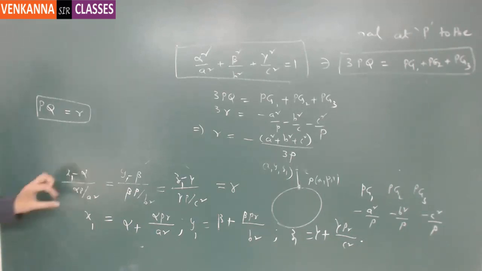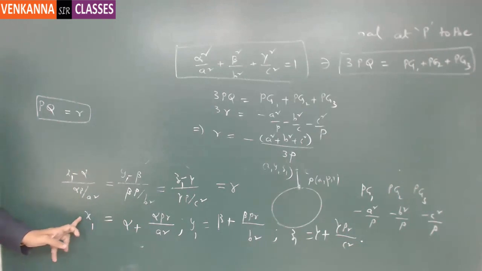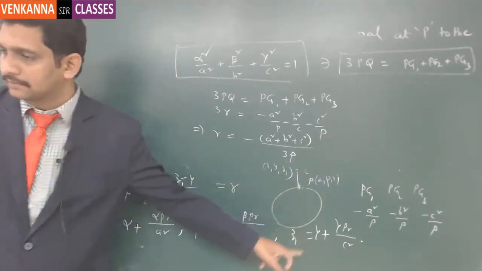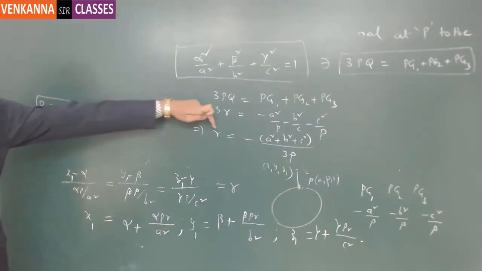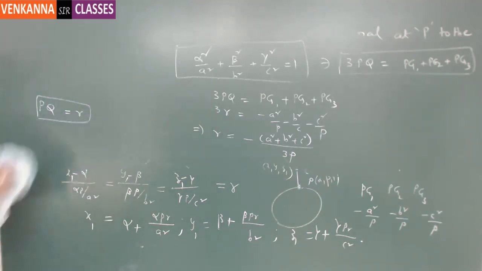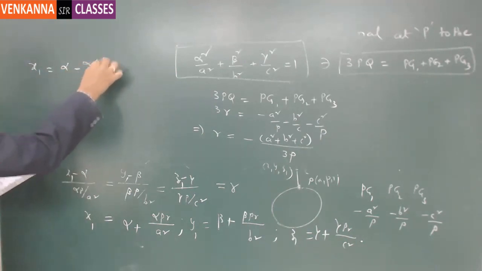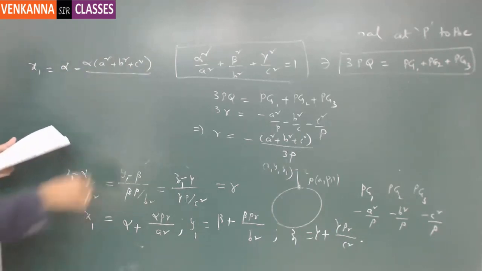Now I have already mentioned the coordinates of Q. This is X coordinate, this is Y coordinate, this is Z coordinate. In the coordinates of Q, I am substituting the respective value of R, the parametric coefficient value. So if I substitute that, I will get x1 is equal to alpha minus alpha into (a square plus b square plus c square) by 3a square.